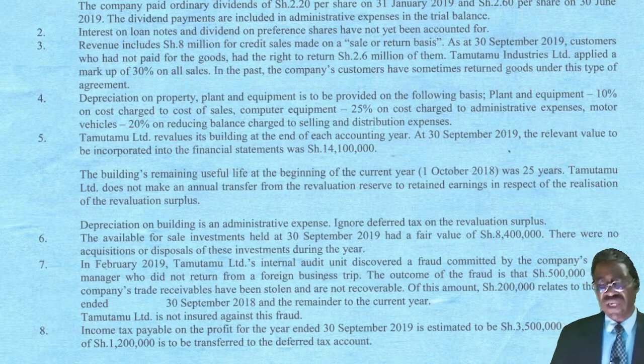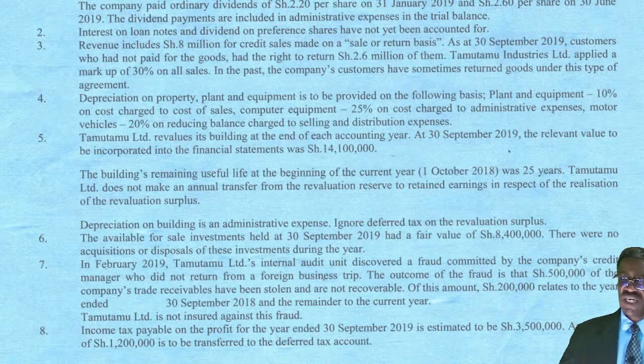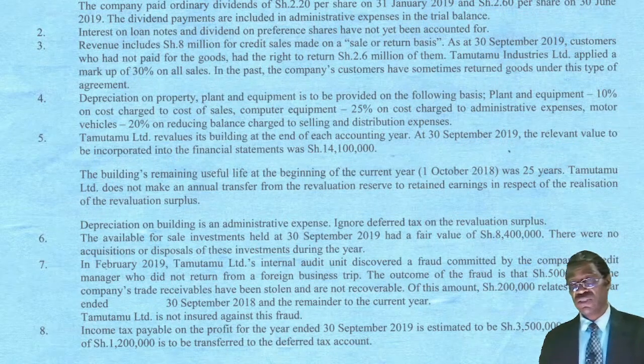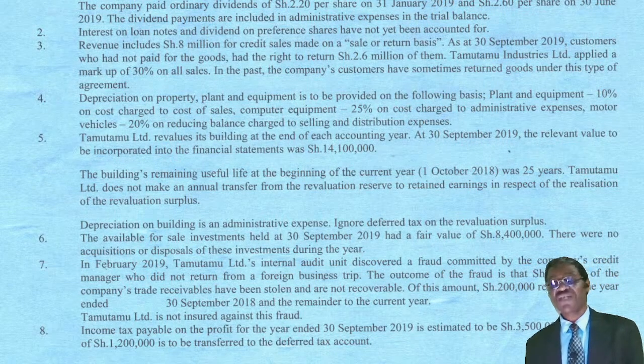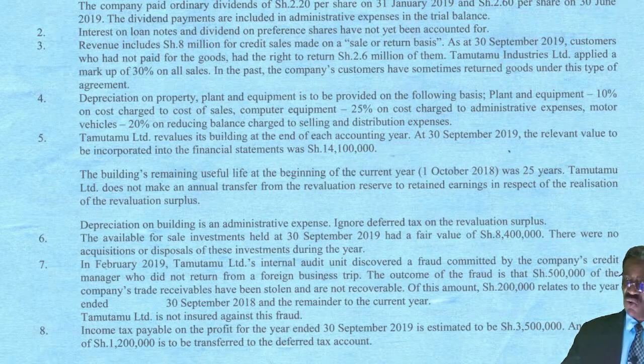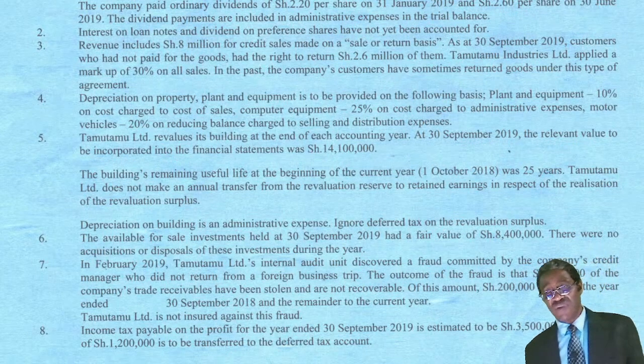The outcome of the fraud is that shillings 500,000 of the company's trade receivables, those are debtors, was stolen and is not recoverable. Of this amount, 200,000 relates to the year ended 30th of September 2018, and the remainder to the current year.